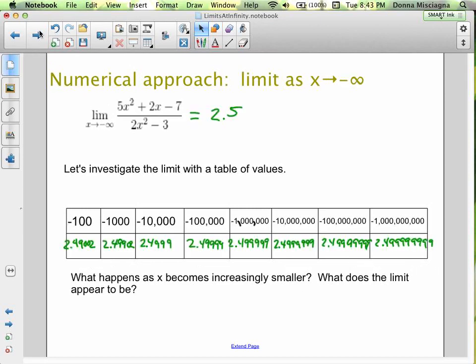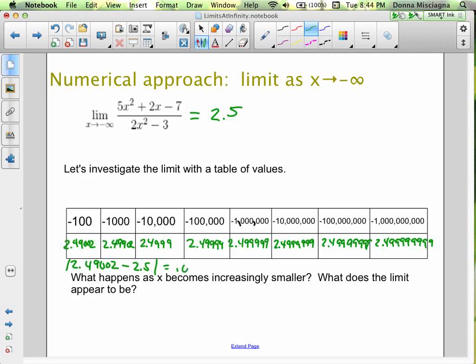And the same thing over here. If we take the difference between 2.49002 and 2.5, that's going to be 0.0. For some reason it's harder for me to go this direction. It was easier to subtract when we had numbers that were a little bit bigger than 2.5, than a little bit smaller than 2.5.